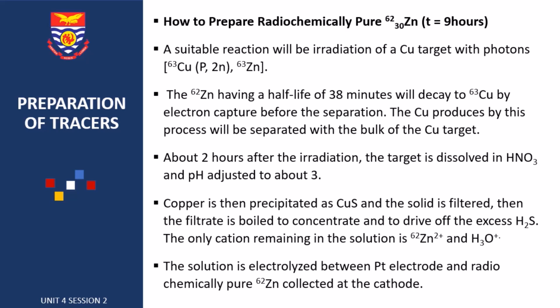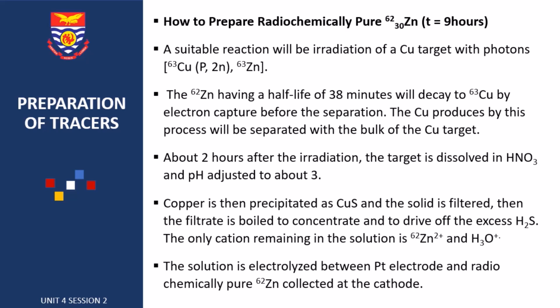So zinc 62 that is produced in the process, which has a half-life of 38 minutes, will decay to produce copper 63, and this happens by electron capture. In the electron capture process, the nucleus absorbs an electron which converts a proton to a neutron.